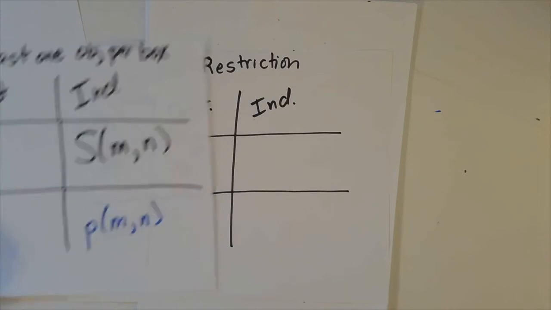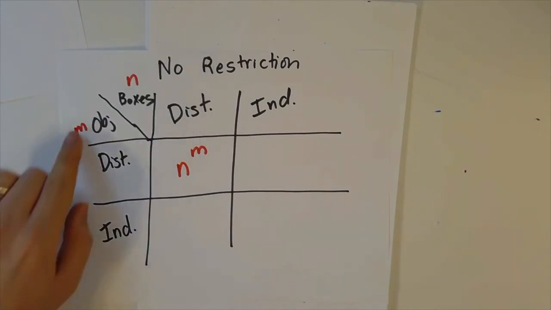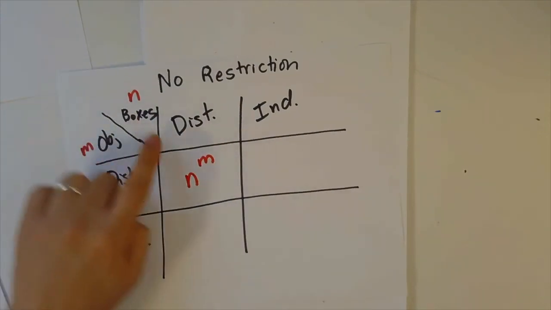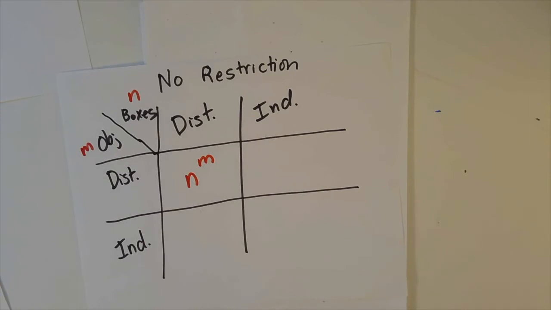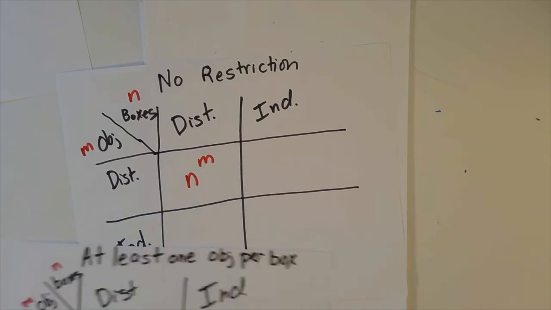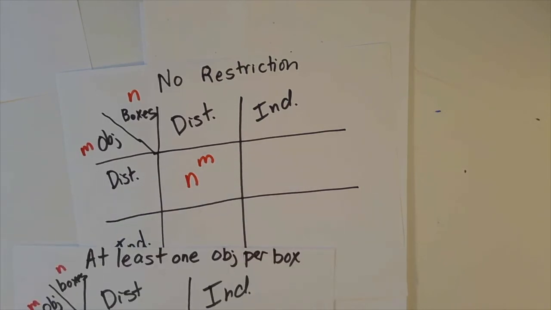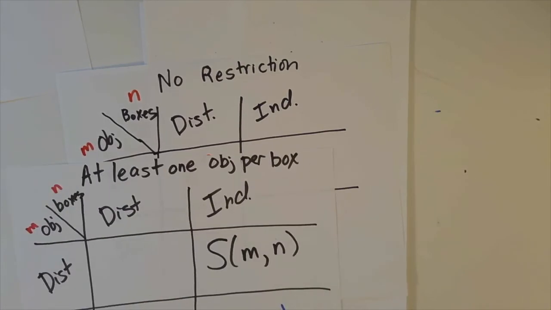So I'm going to put m distinguishable objects in n boxes, which I may or may not use all of. Well, then there's a question, how many boxes did I use? If I used one box, then that's just S of m,1. If I used two boxes, that's S of m,2. If I use three boxes, that's S of m,3.